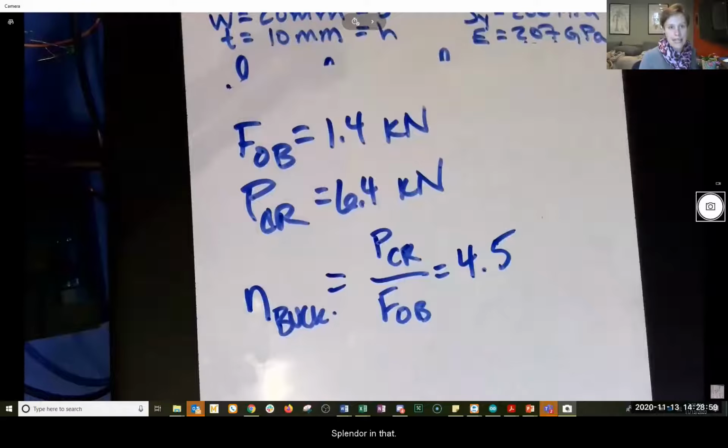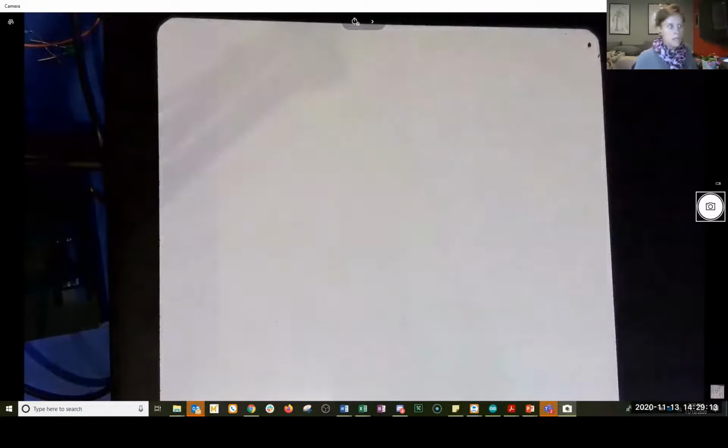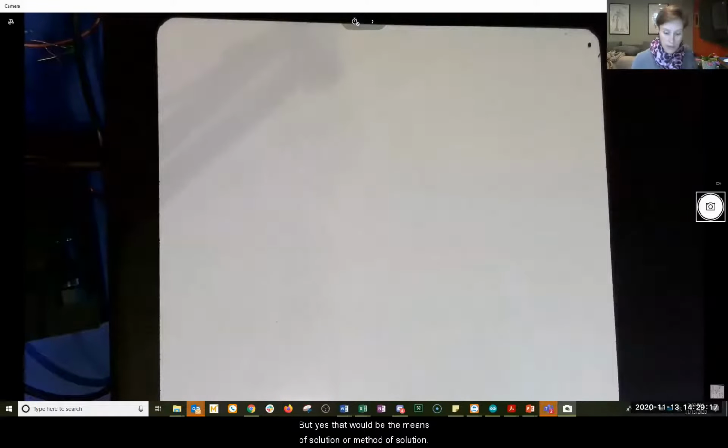It's much less slender in that direction. I agree. Yes. I don't know whether that tells us whether or not it would be even close to having a buckling issue with the load, but yep. Okay, that's fine. So that would be the method of solution.